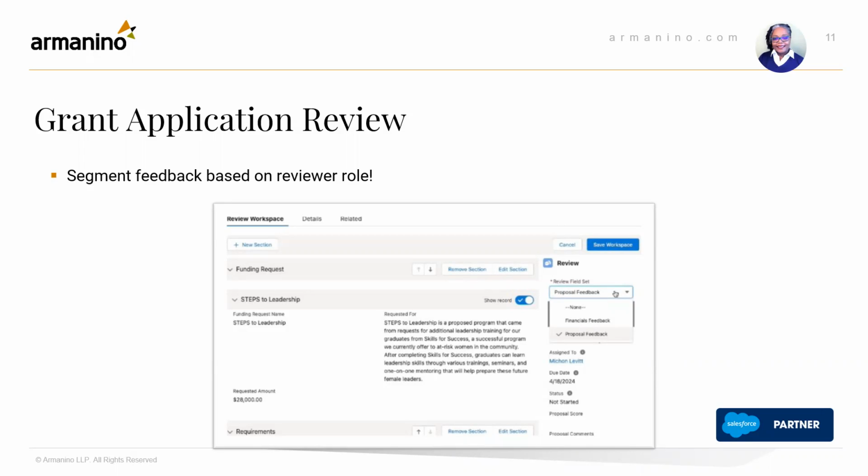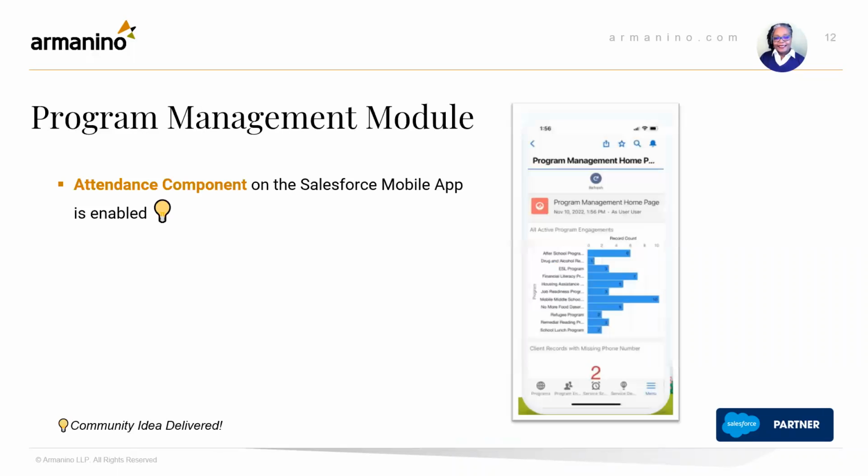Delivered in this release, grant managers configuring a review can now select a custom field set for reviewer feedback, which will allow reviewers to see a distinct set of questions based on their role. So reviewers submitting feedback will now see fields in the feedback panel specific to their roles. Next slide.